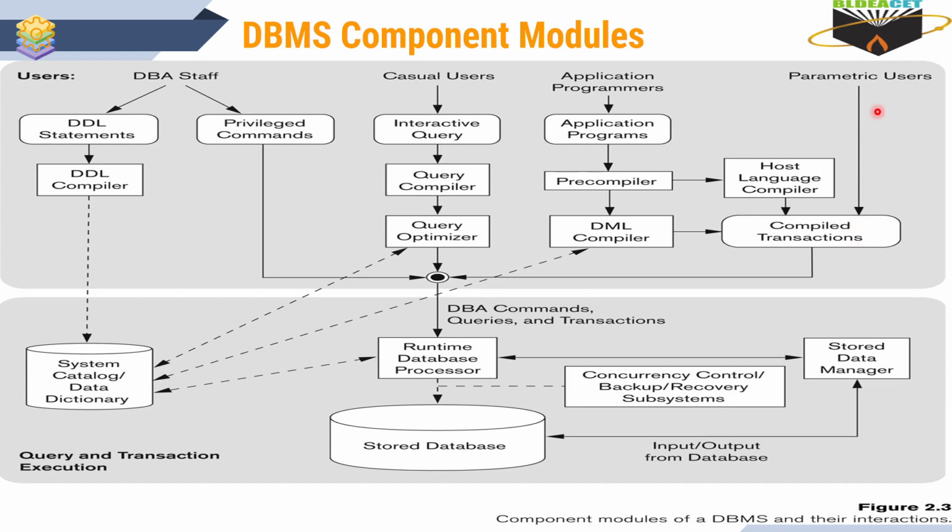So the parametric end user's work is just to pass the parameters to the compiled transactions. We call these transactions canned transactions, and every time, based on the parameters, it executes as a separate transaction.